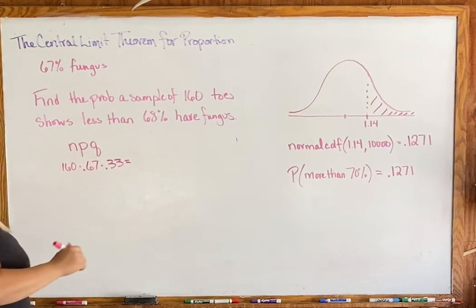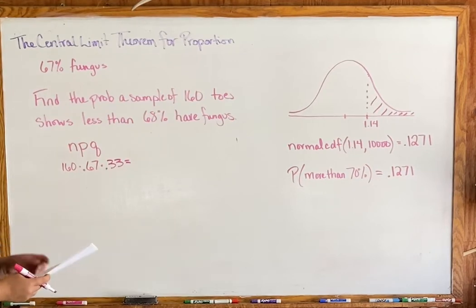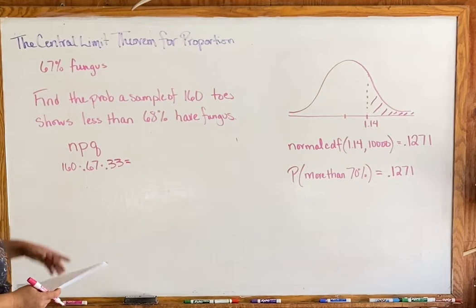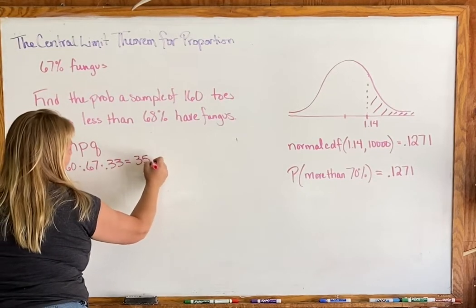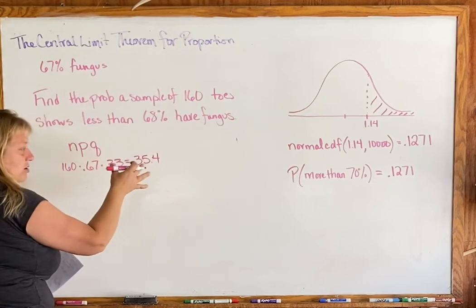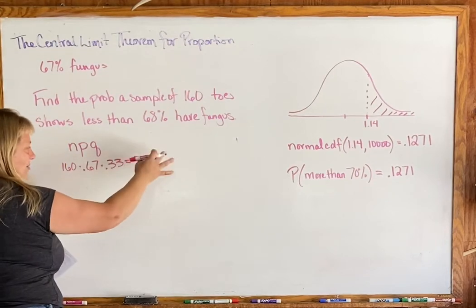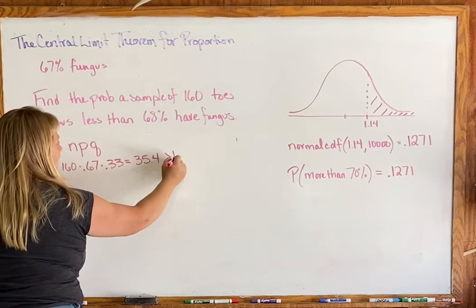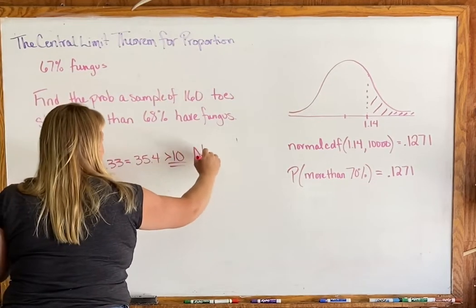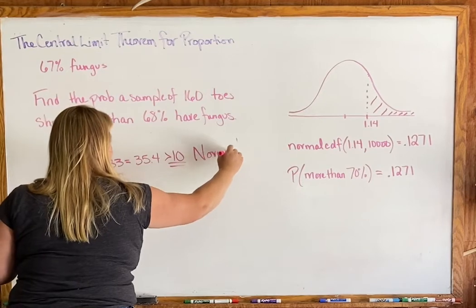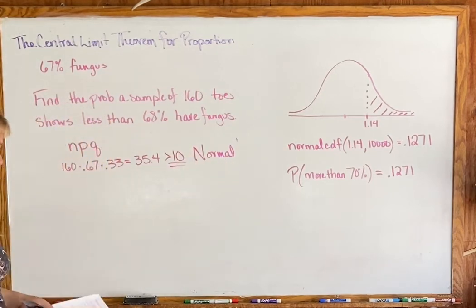But the 160 definitely changes, so the number is not going to be the same. So you go ahead and plug this into the calculator, and you should end up with something around 35.4-ish. Again, we don't really care on the rounding, not a big deal. We just care that this is greater than 10, so the data is normal. So we can do the problem.